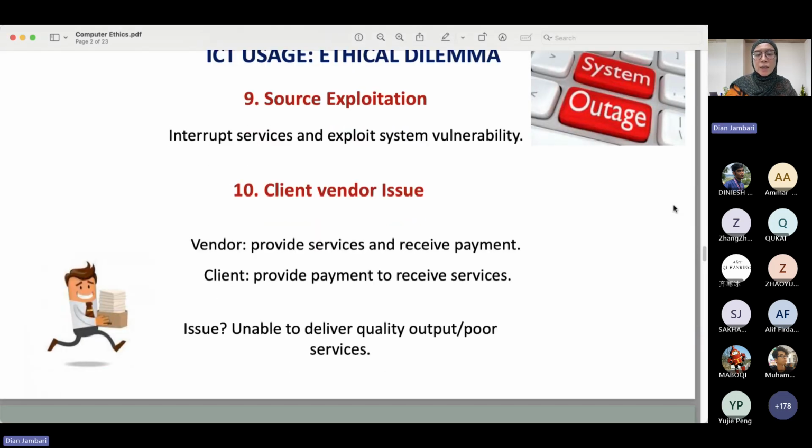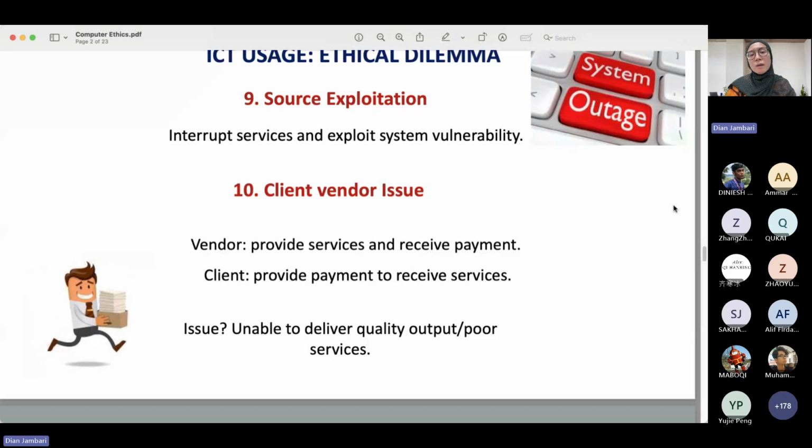And then finally, another common situation where using IT can cause ethical dilemma is in the context of client-vendor issue. So when there are conflict between the client and the vendor, what kind of products or services that provide is ICT services or products.